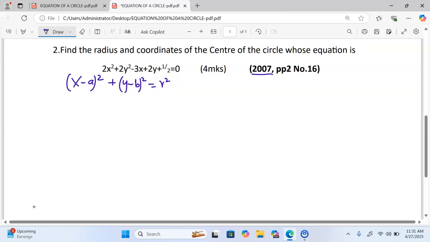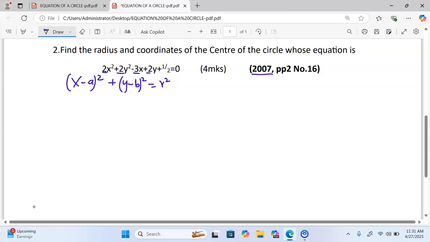When using completing square method, we make sure that the coefficients of x squared and y squared are 1. And we are going to do that by dividing all through by 2 so that the coefficient of x squared and y squared are 1.